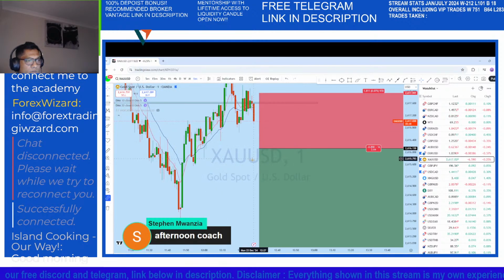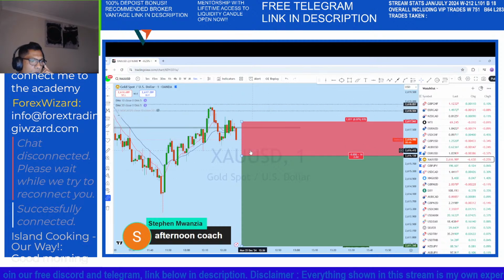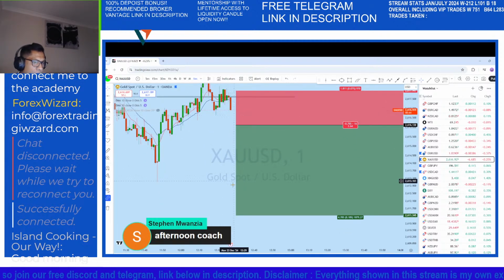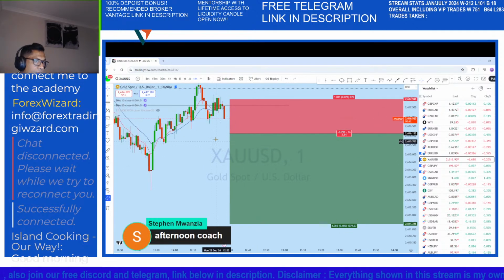Okay, so you can see some downward pressure, and that could lead the price back below this support level.